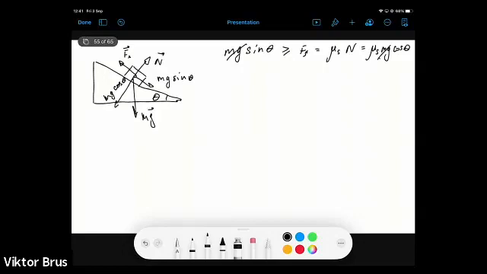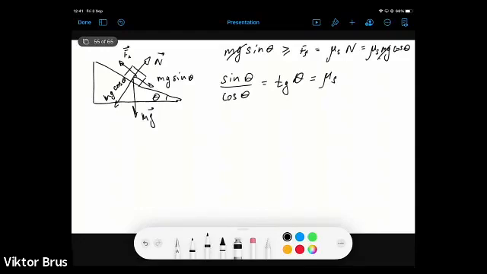It will be sine theta divided by cosine theta, and this will be equal to tangent theta equal to mu s.